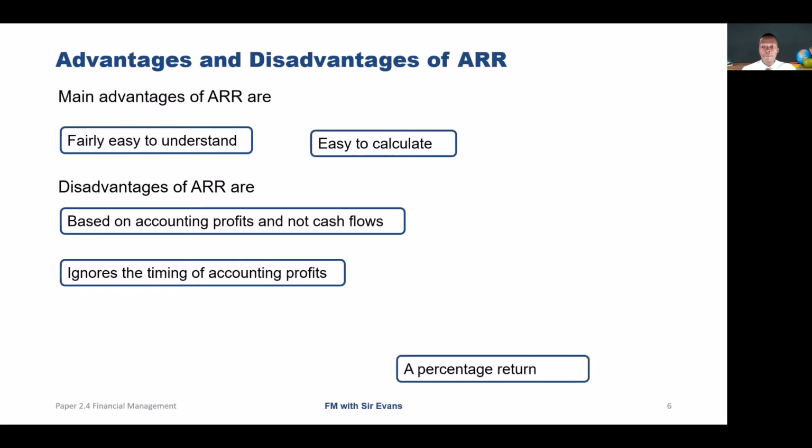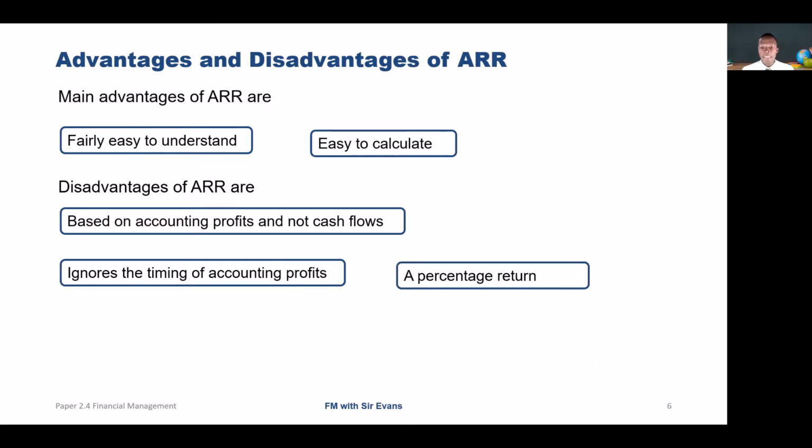And three, we have a percentage return being what we are getting at the end of our ARR computation. So it relates the average profit to the size of the investment. Hence, it doesn't give an absolute return, like how the NPV gives you an absolute amount being added to the value of the entity.